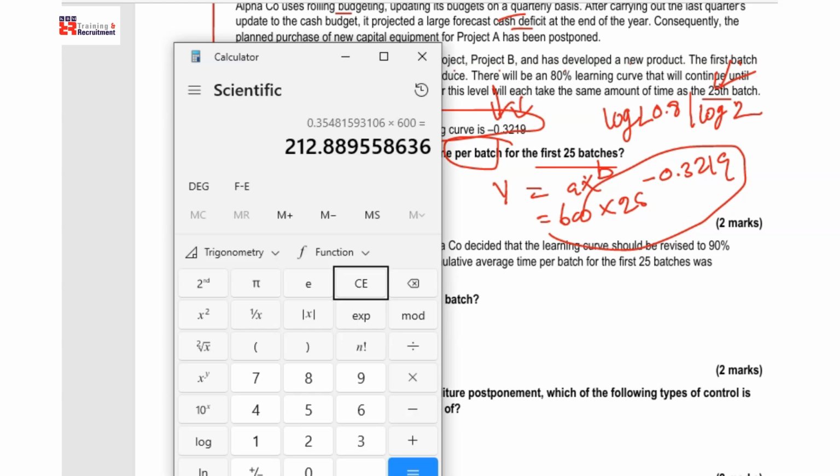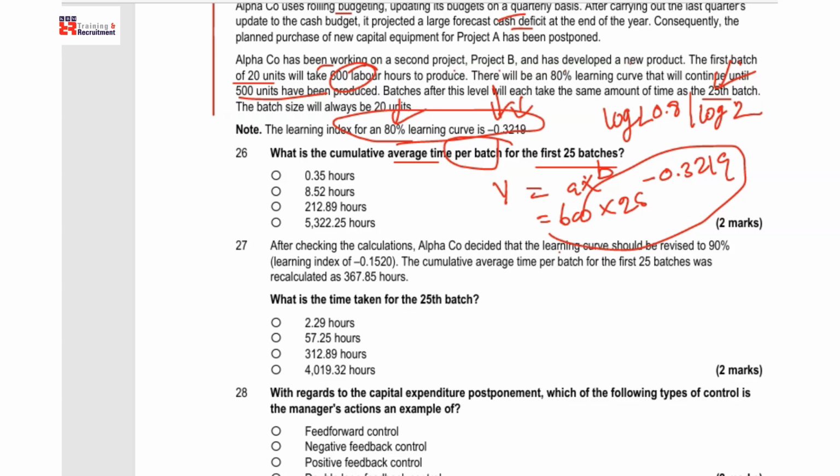There we go, 212.89. That's basically it, 212.89. The cumulative average time per batch for the first 25 batches is 212.89 hours per batch.